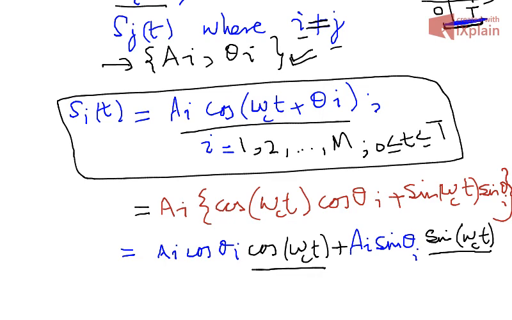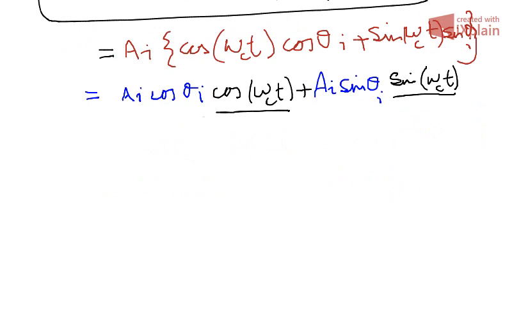Now we should be able to write it as a linear combination of psi 1 and psi 2. So I earlier mentioned that our psi 1 is equal to root 2 over T cos omega c t, and psi 2 also is given above.